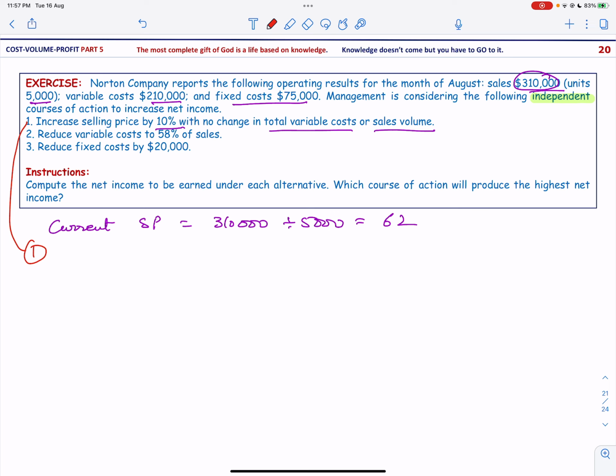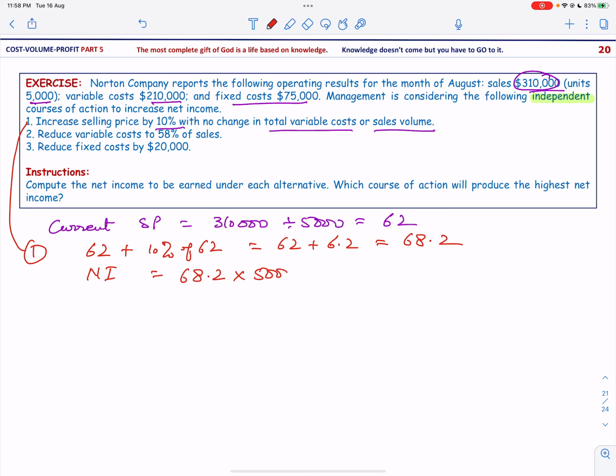That means we have presently the selling price of 62 plus 10% of 62. This will be 62 plus 6.2, that is 68.2. So the net income will be now 68.2 times the number of units sold, that was 5,000.